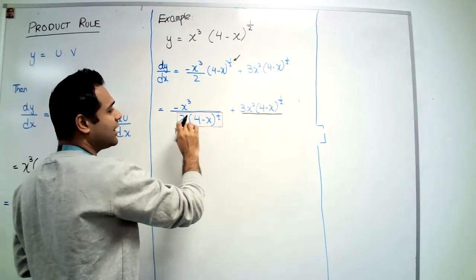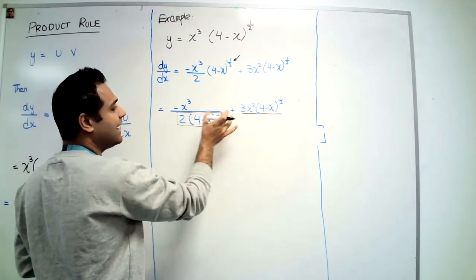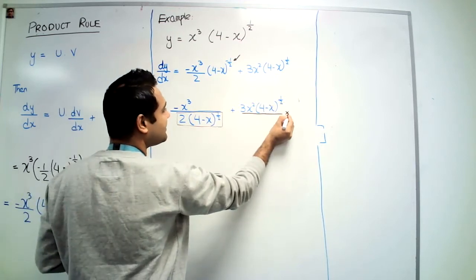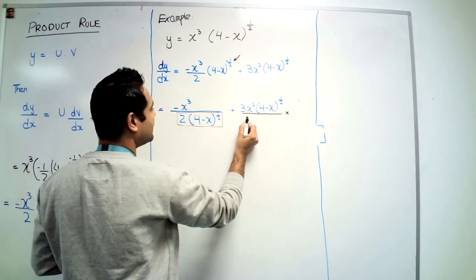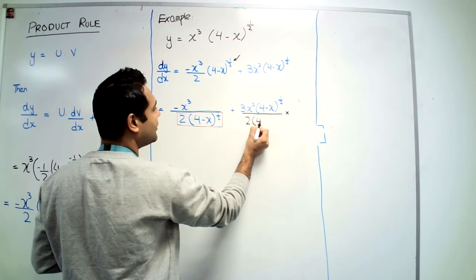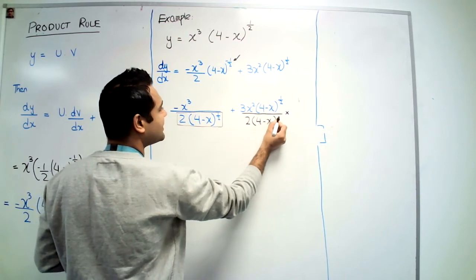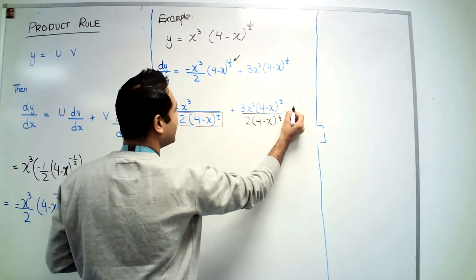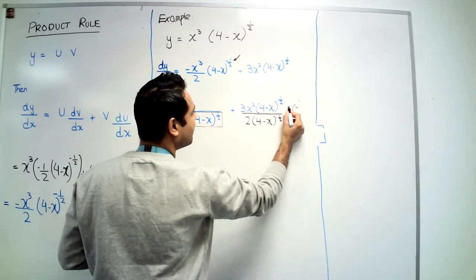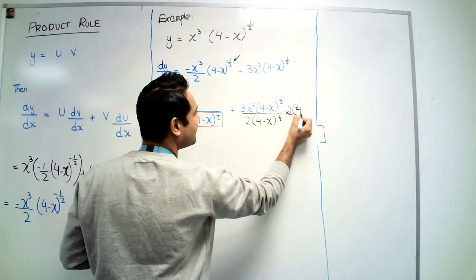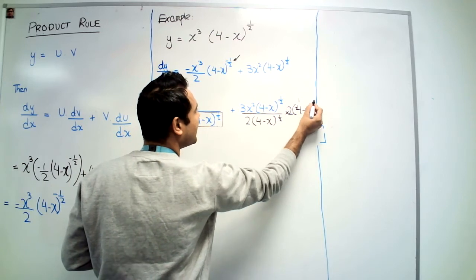Invisible 1. So I need to actually multiply and divide with that bit on that side. So I put this thing, 2 bracket 4 minus x half, and here I put 2 bracket 4 minus x half there.